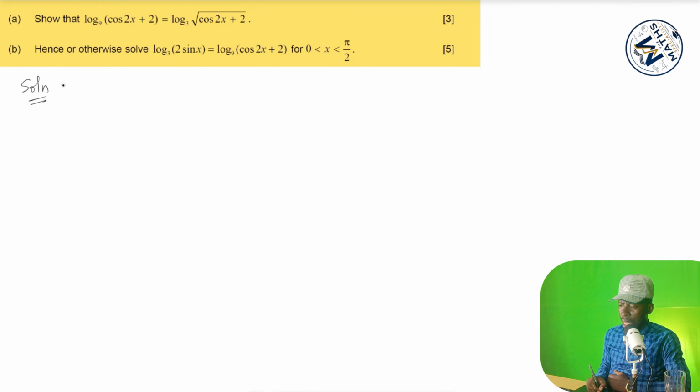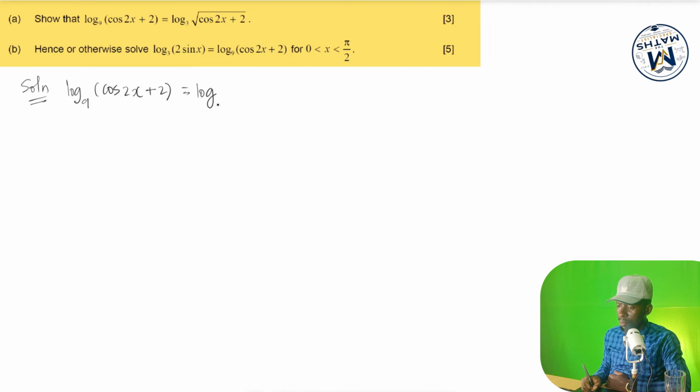So what we have is log base 9 of cosine of 2x plus 2. We need to show that this is equivalent to log base 3 of the square root of cosine 2x plus 2.